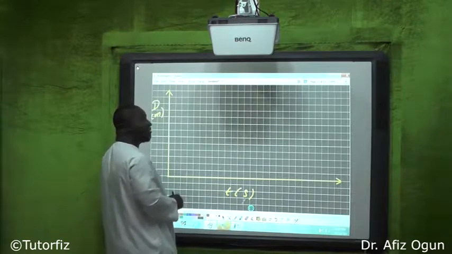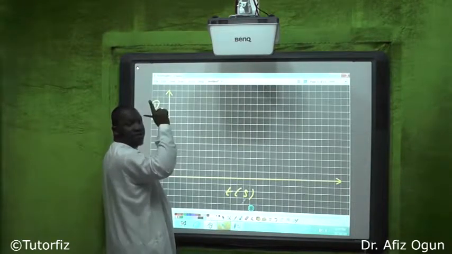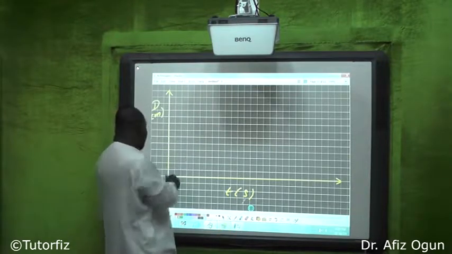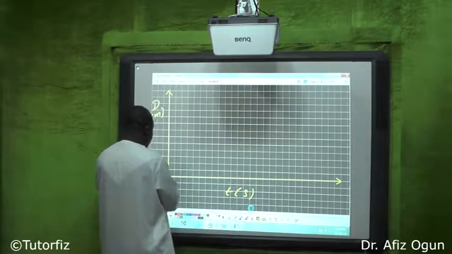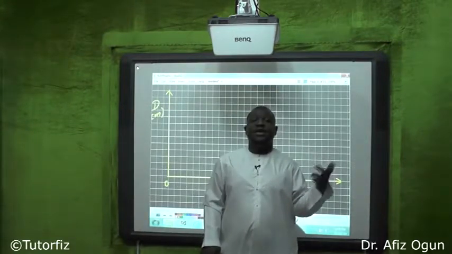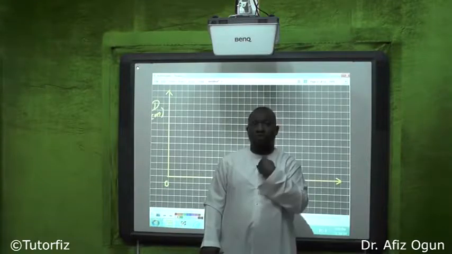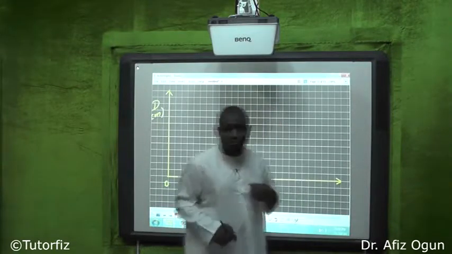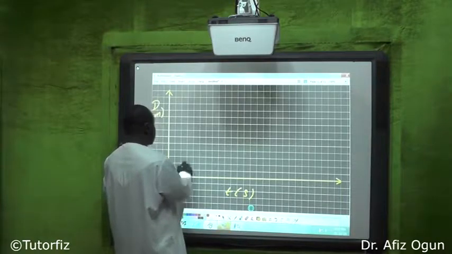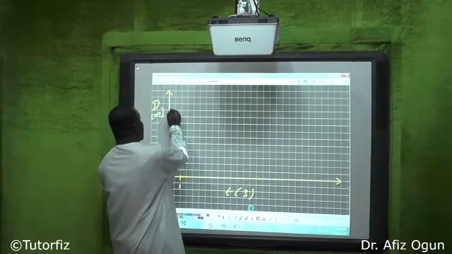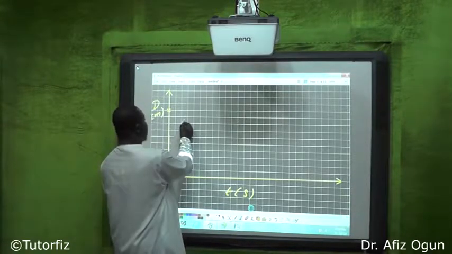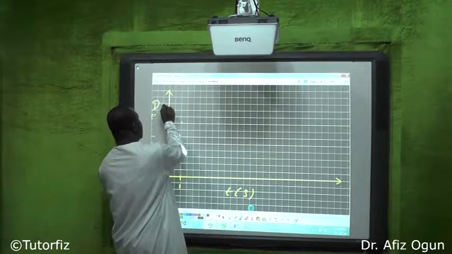That means at time t equals 0, it was at a point far from the reference point. The reference point, let's say, is your home, and I'm coming to your home. At time t equals 0, I am far from your home.